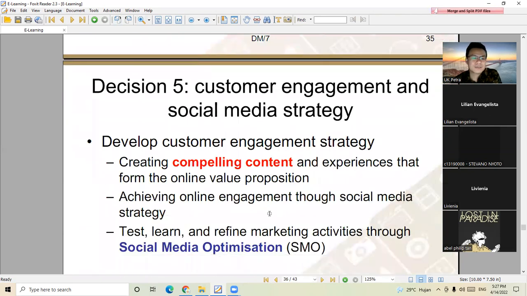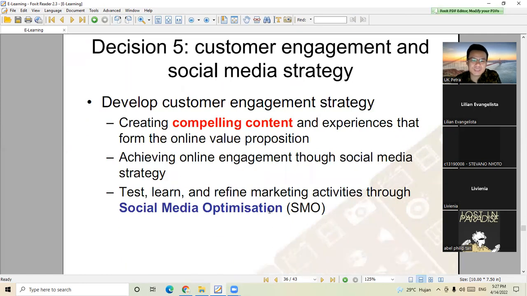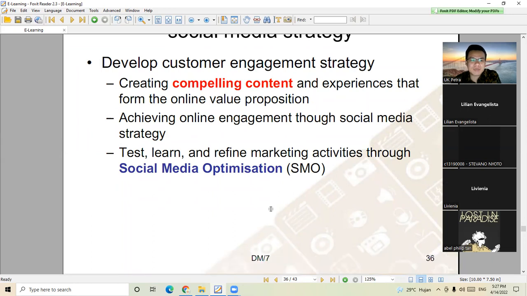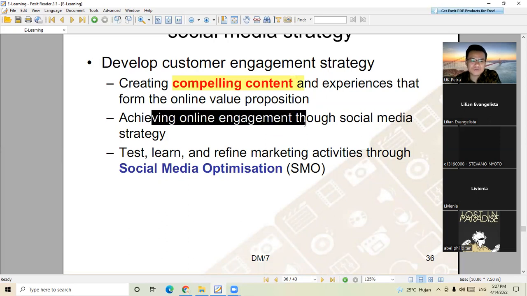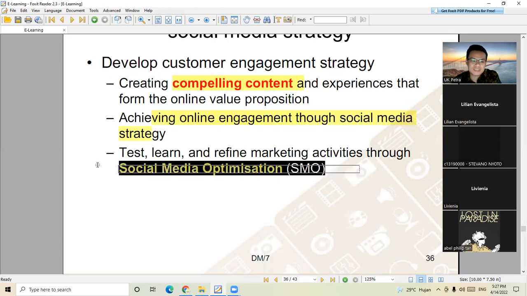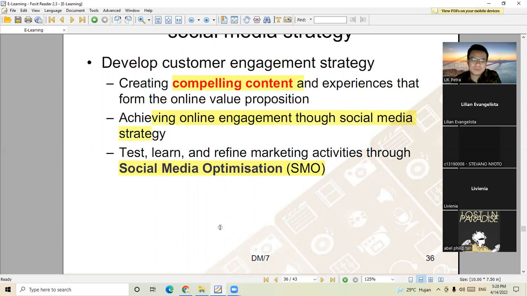All right. Moving on to decision 5, the customer engagement and social media strategy, in which we can develop our customer engagement strategy by creating content. So, content creation, achieving online engagement through social media, and we can use social media optimization. It is a different term than SEO.